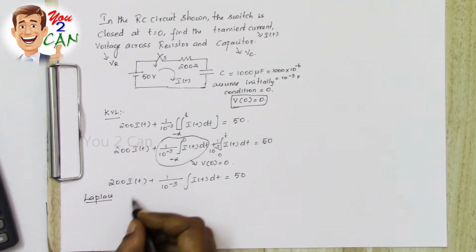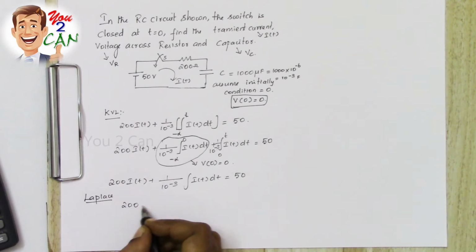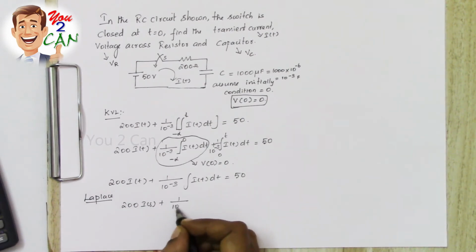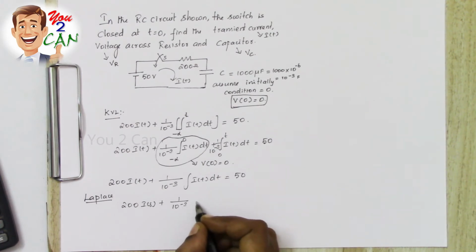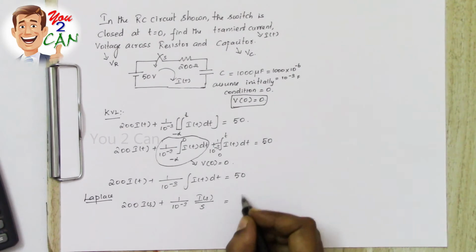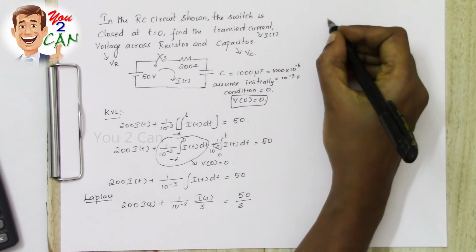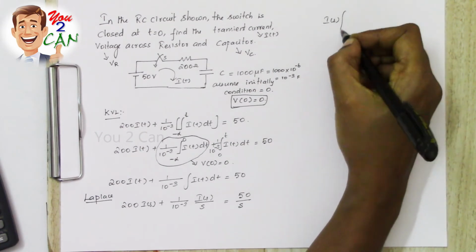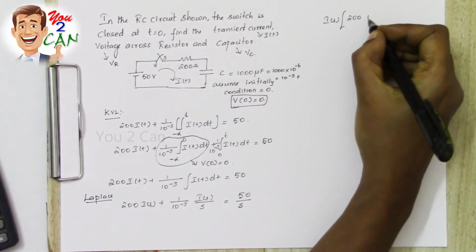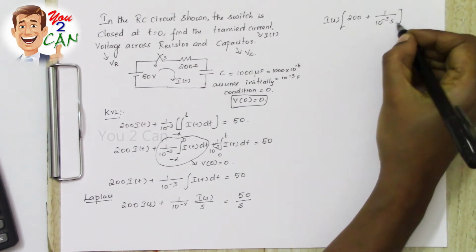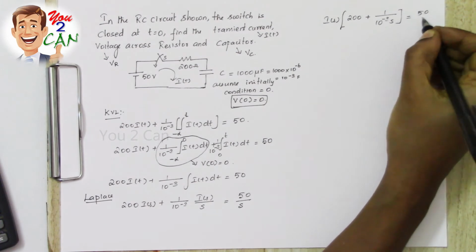Laplace of I of t is I of s. So 200 I of s plus 1 by 10 power minus 3 into I of s by s equal to 50 by s. Take I of s common: that is 200 plus 1 by 10 power minus 3 s, which is equal to 50 by s.